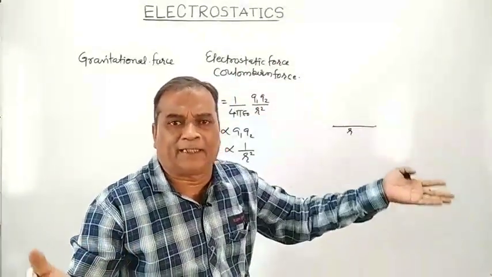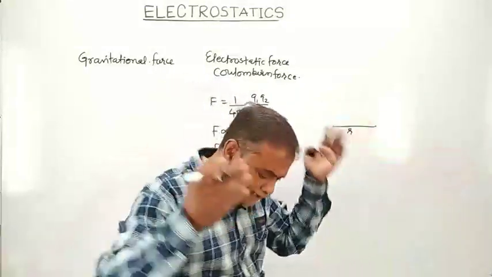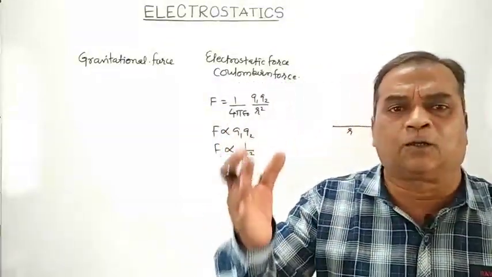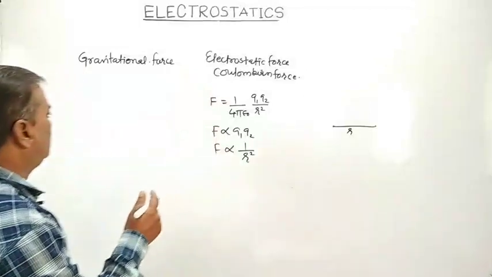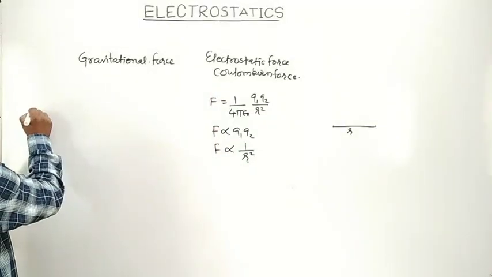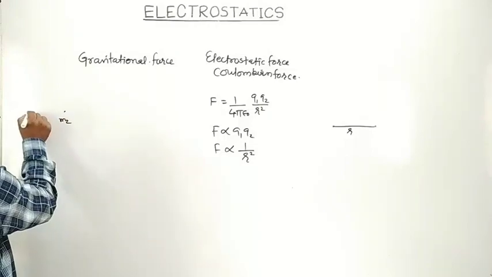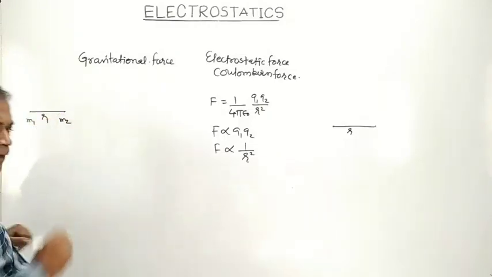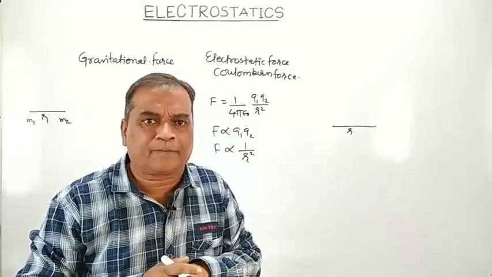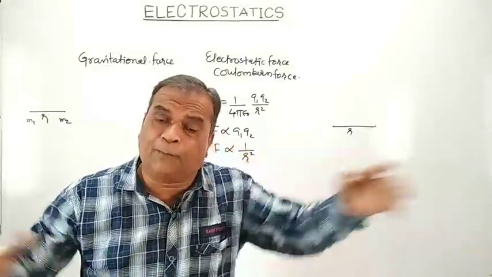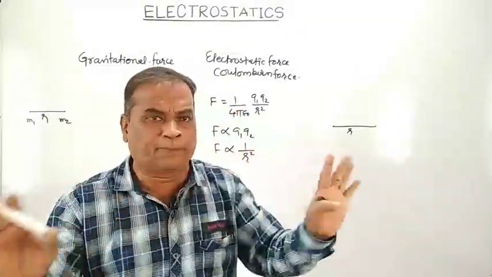In a similar manner, Newton has given Newton's law of gravitation, and it states that between any two particles, say of masses m1 and m2 separated by a finite distance r, there exists a force of attraction only, no repulsion.